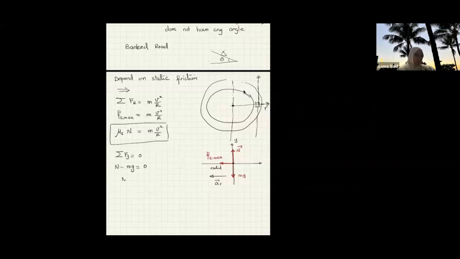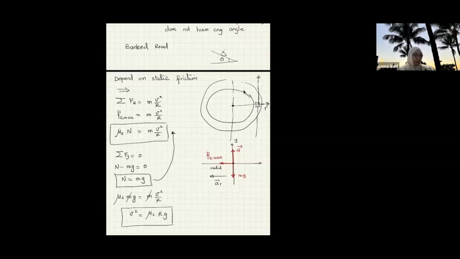And from that, I can say normal equals mg. I can put this back here. And then v squared equals mu s times r times g.